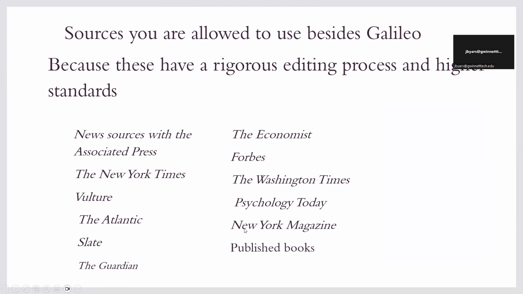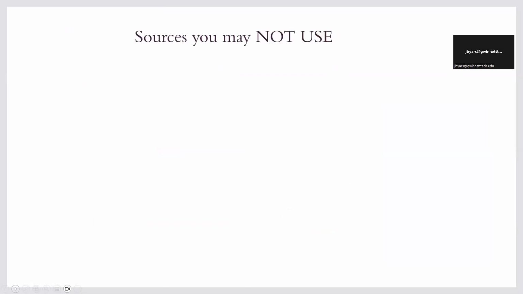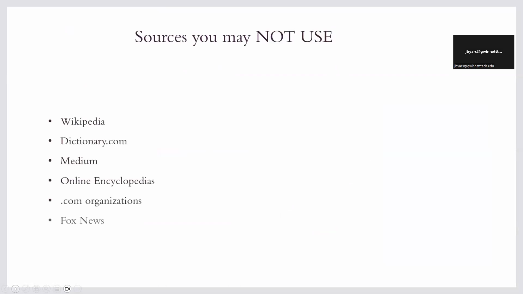This is all you can use. If you're citing a source, it needs to be from Galileo, or it needs to be from one of these. Anything else is wrong. You will lose points. It'll be as if you didn't even use a source. No Wikipedia, no dictionary.com, no Medium, no online encyclopedias, none of that.